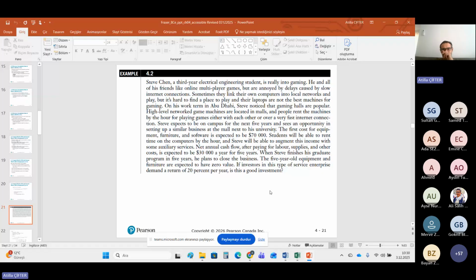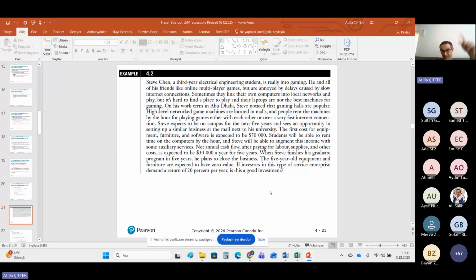On his work term in Abu Dhabi, Steve noticed that gaming halls are popular. High-level networked game machines are located in malls, and people rent the machines by the hour for playing games, either with each other or over a very fast internet connection. Steve expects to be on campus for the next 5 years and sees an opportunity in setting up a similar business at the mall next to his university.